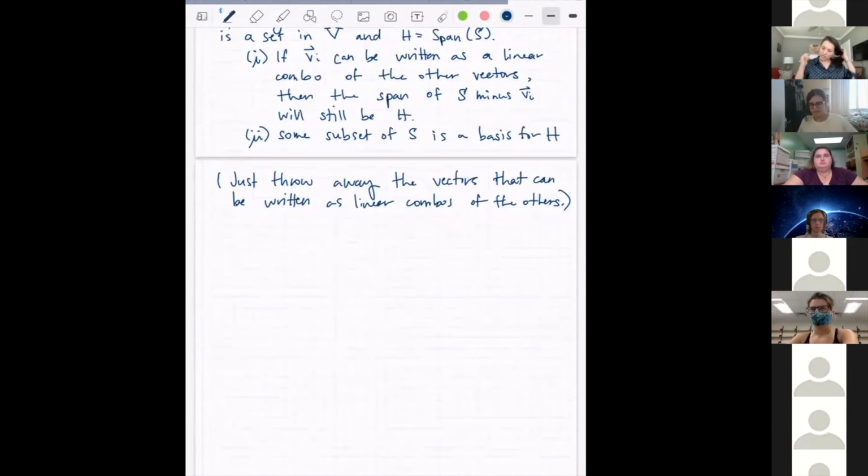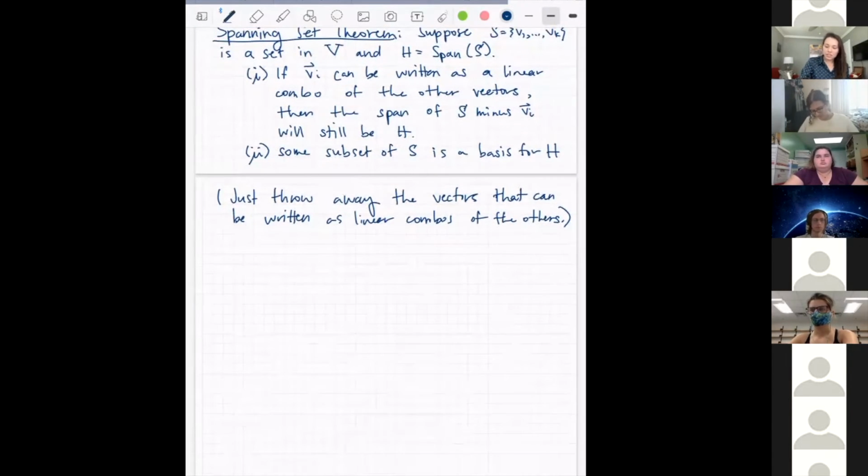Okay. So essentially, like I said, part 2 says that some subset of S is a basis for H, and you would get that by throwing away those extraneous vectors, the ones that can be written as linear combinations of the others, and you know that you can do that by part 1 of the theorem, which tells you that if it can be written as a linear combination of the others, it's not necessary in the span, right?